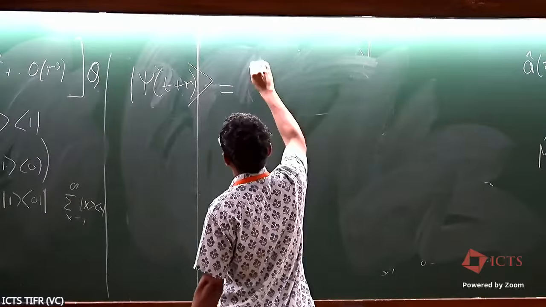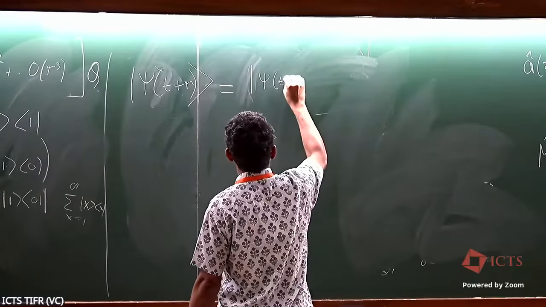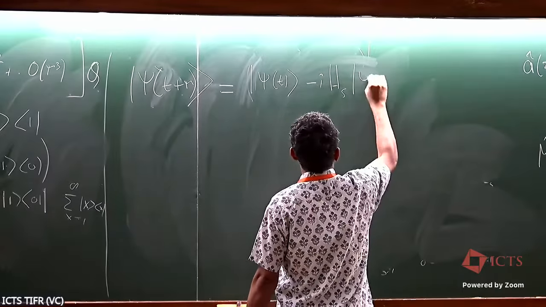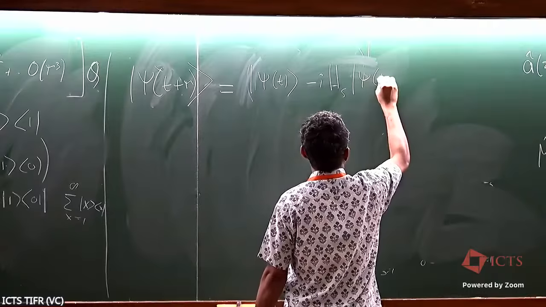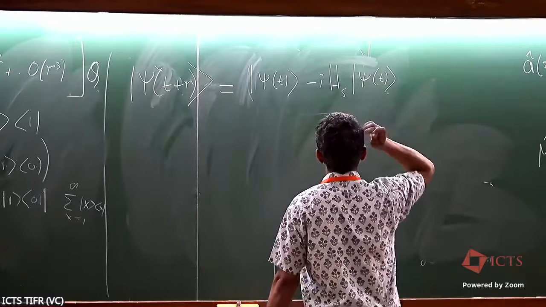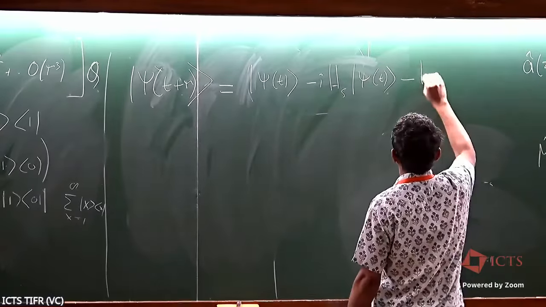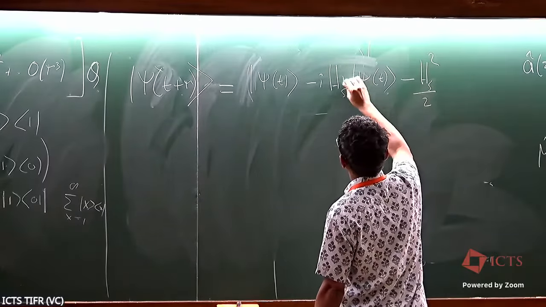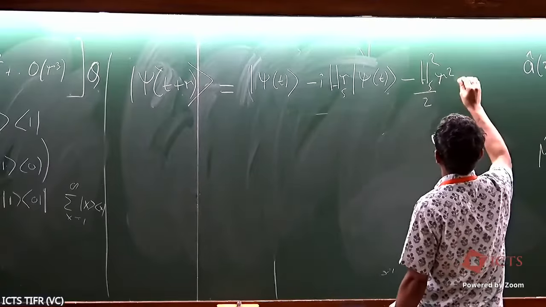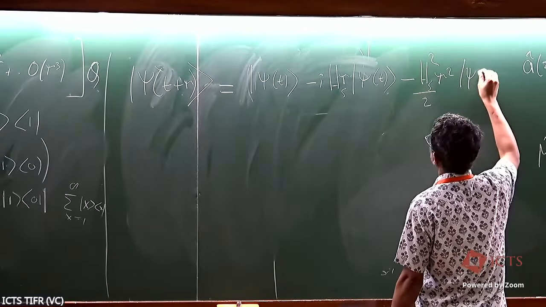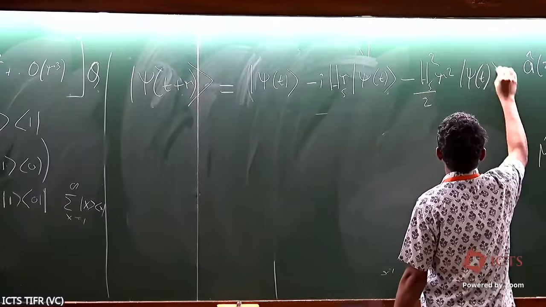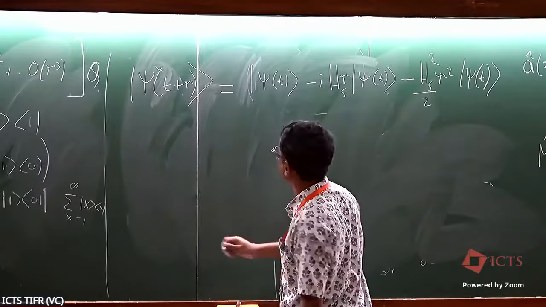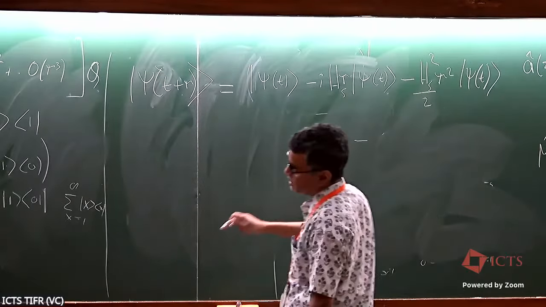Basically psi of tau here. And then this term, so this will be minus gamma squared cos squared by 2.